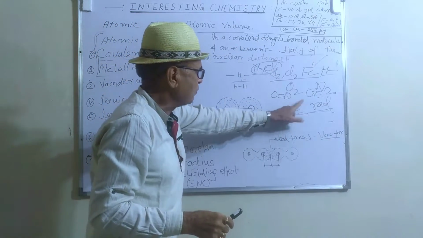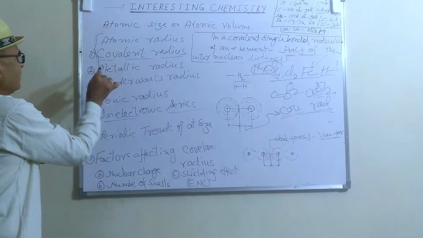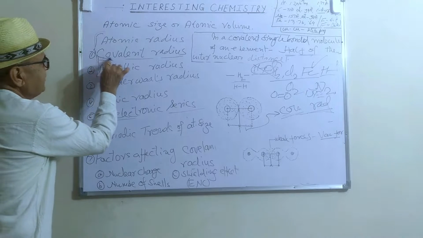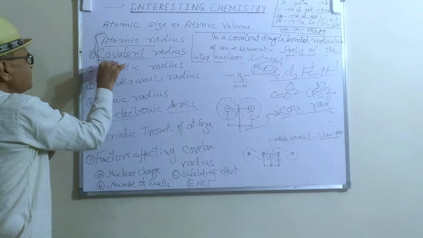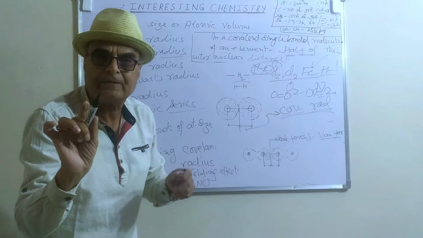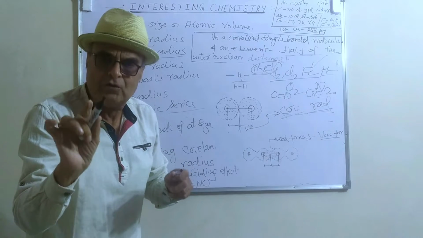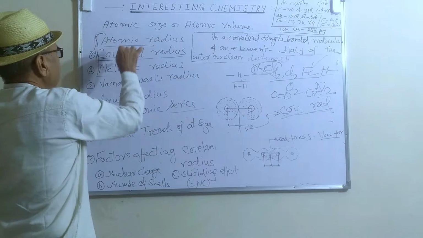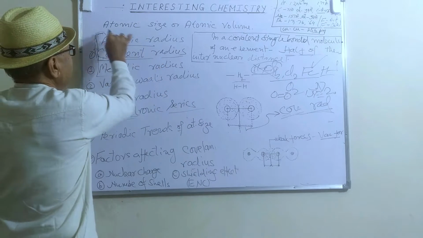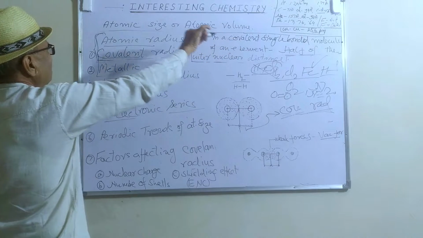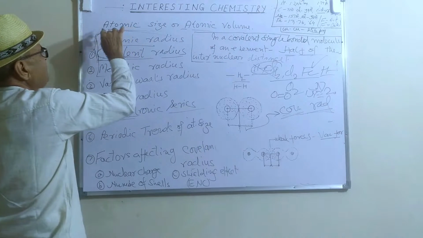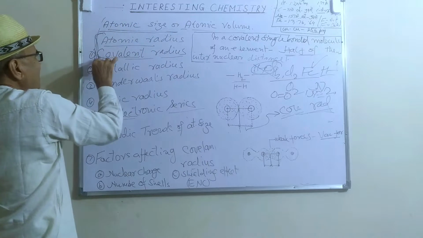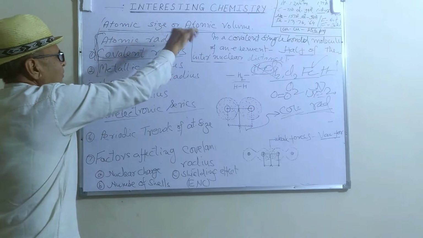Now this covalent radius and atomic radius are synonyms of each other. So with the help of this covalent radius, you can find the atomic volume, or you can measure the atomic size. Then I have concluded all this.